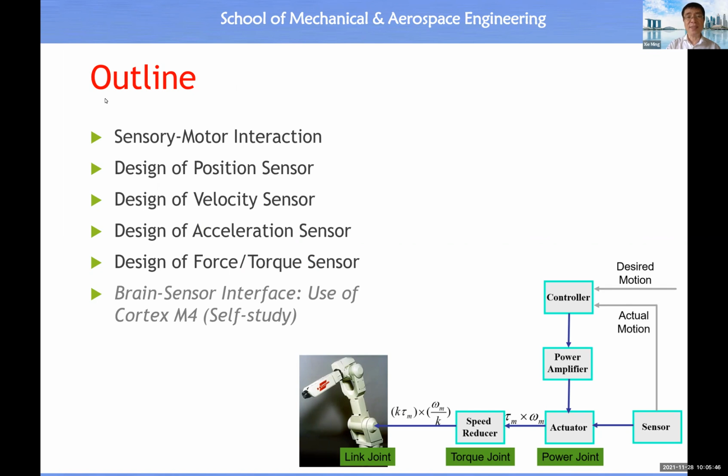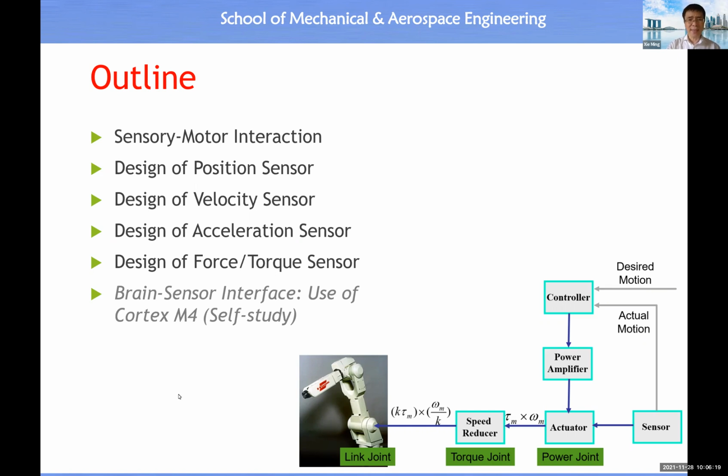And then we will look at this aspect of sensory motor interaction, because inside the human body, we have a lot of such scenarios or examples of sensory motor interaction. Then we are going to study the background knowledge behind the design of a motion-related sensor, which includes position sensor, velocity sensor, acceleration sensor, force torque sensor.